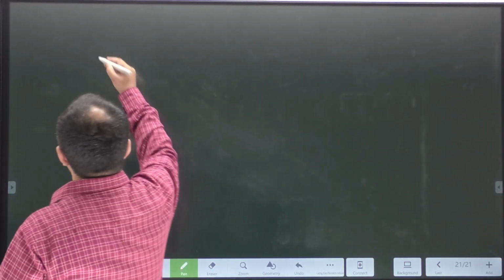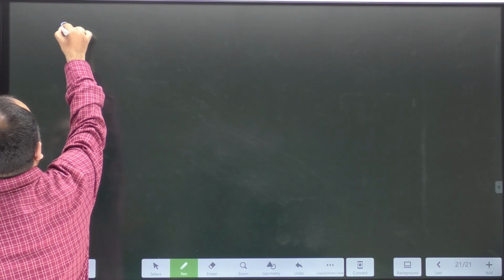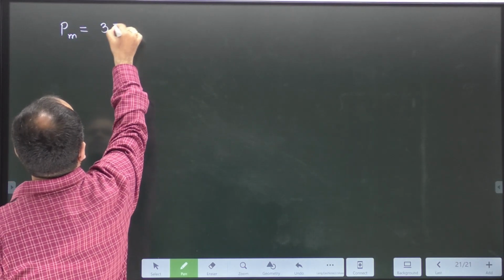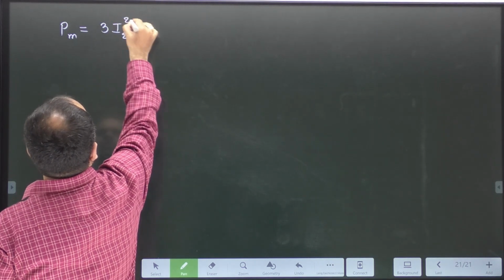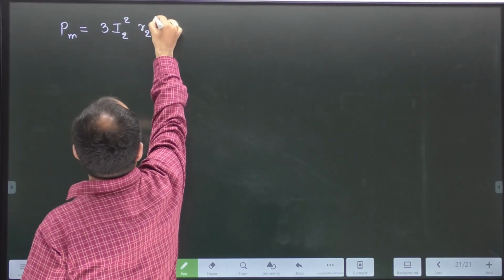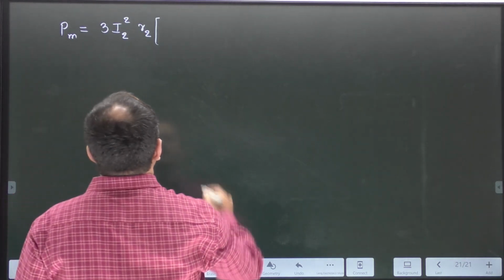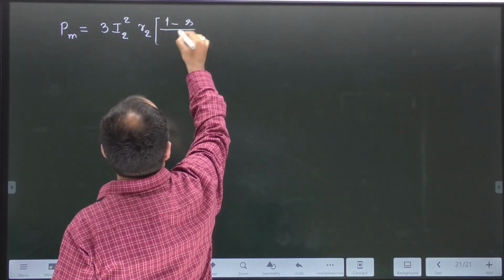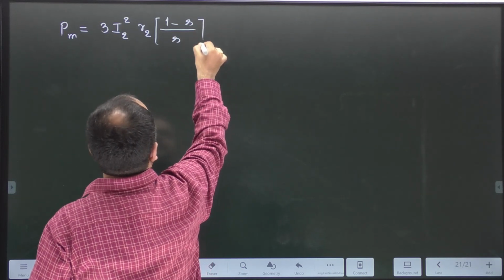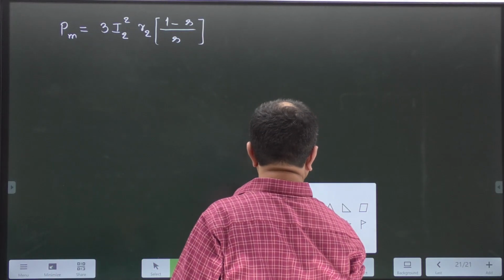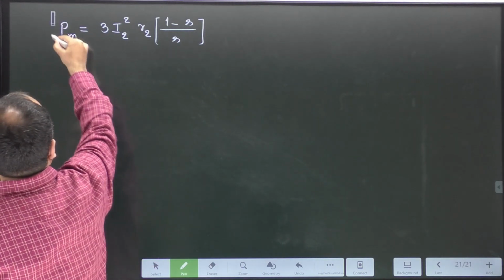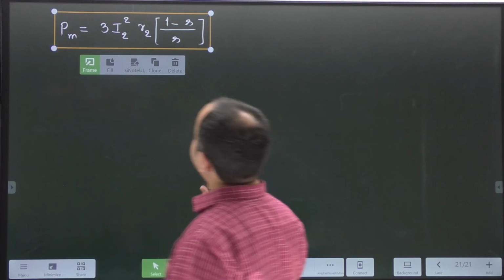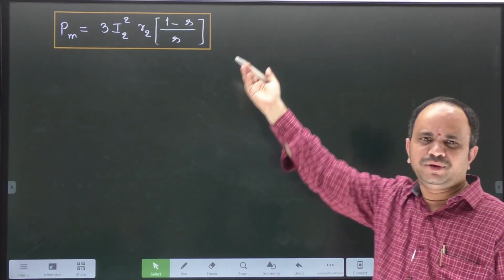So from this we will get PM is equal to 3 into I2 square into R2 multiplied with 1 minus S divided by S. This is very important conclusion in induction machines class. Okay, I hope you are familiar with that.